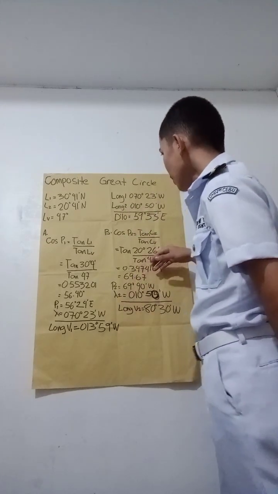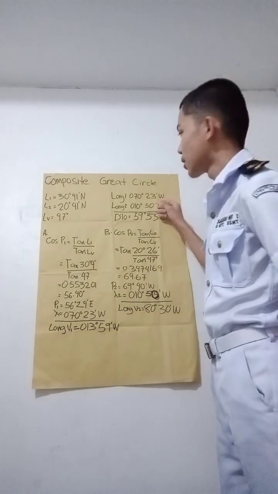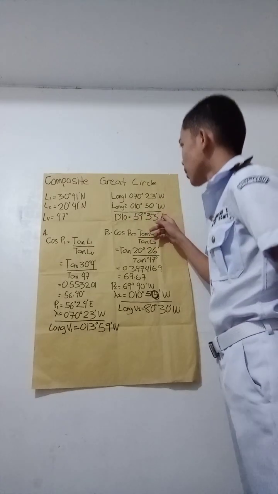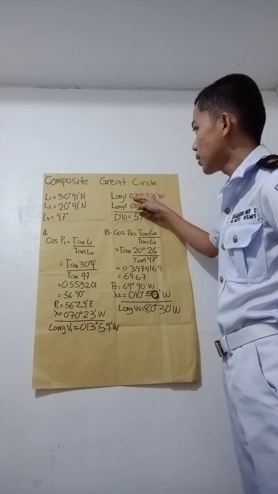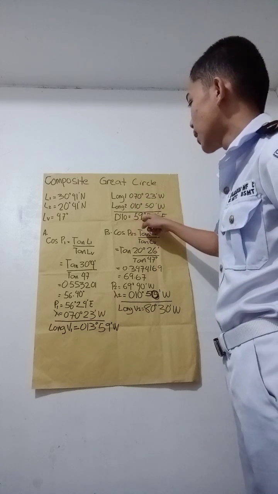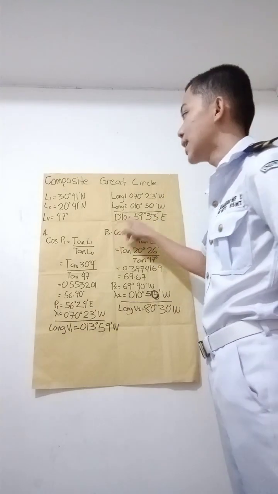Since they have the same sign, we're going to subtract. So long 1 minus long 2 is equal to 59 degrees 33 minutes. So this is now our DLO.